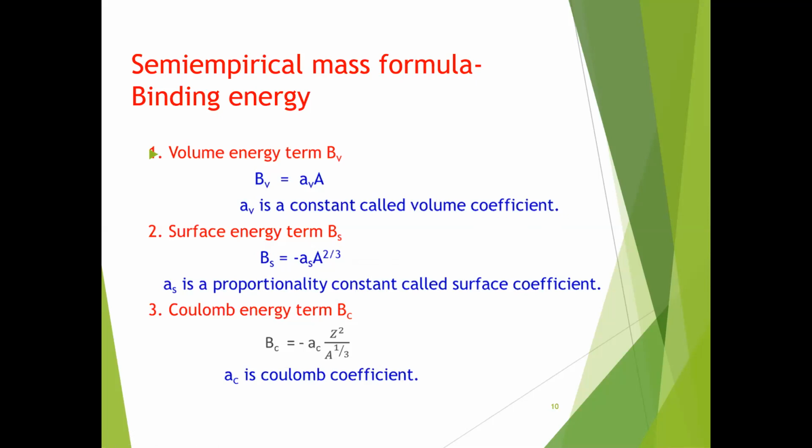So the first contribution of energy to the nucleus is volume energy, that is BV equals AV into A.